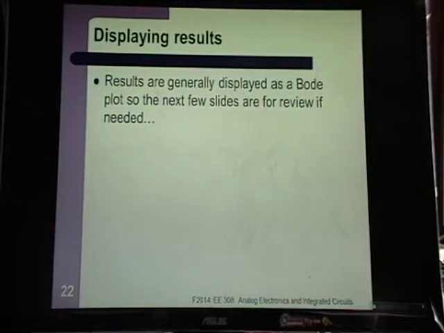And as you did in a bunch of other classes, I'm sure, when you plot these frequency responses, which is basically the amplitude versus the frequency for the magnitude, which is what we've been talking about, you use a Bode plot.